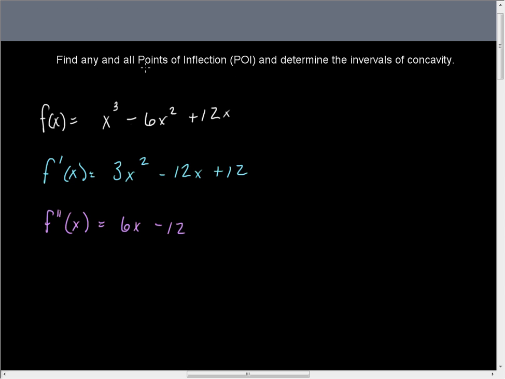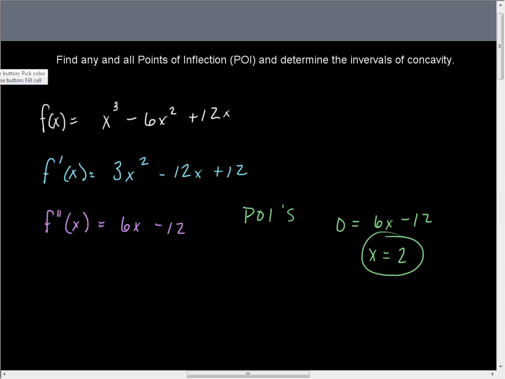If we have points of inflection, they must occur where the second derivative is 0. These are possible points of inflection; they don't have to be, but if they are, they will satisfy this. So 0 equals 6x minus 12, and x is equal to 2, which is our test point for a possible point of inflection.